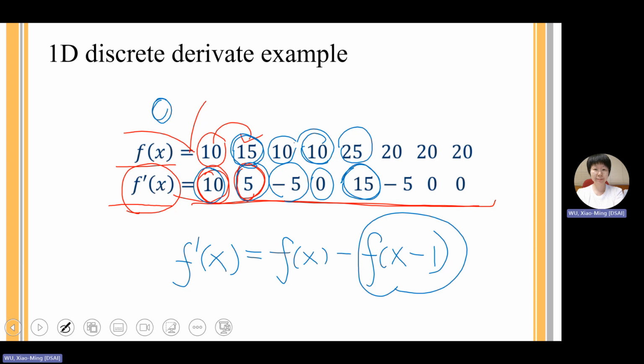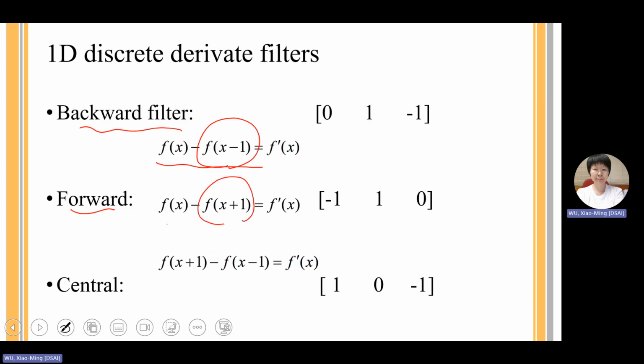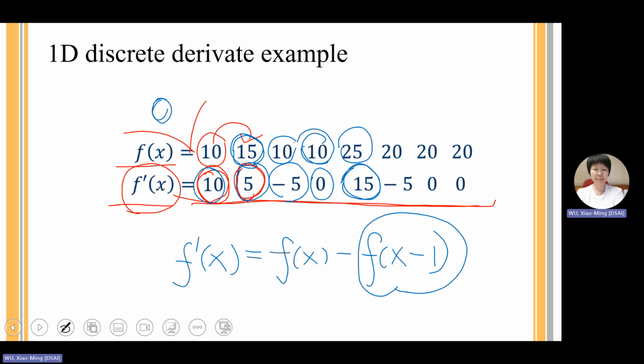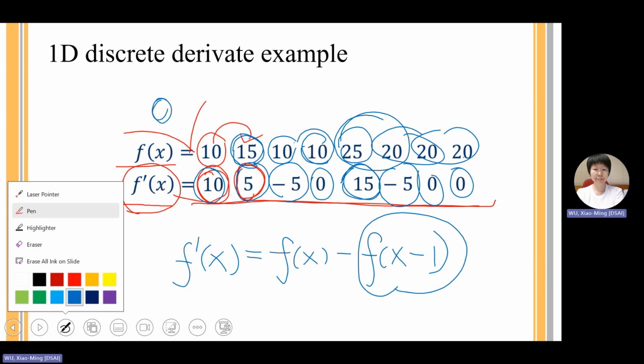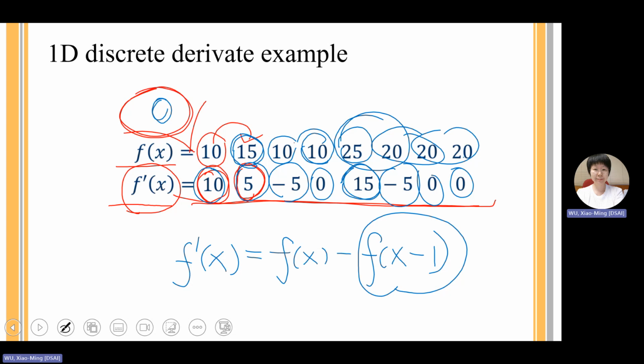So this is obtained by the backward filter. 0 is obtained by 20 minus 20, and -5 is obtained by 20 minus 25. Remember, we pad a 0 here, 0 padding.